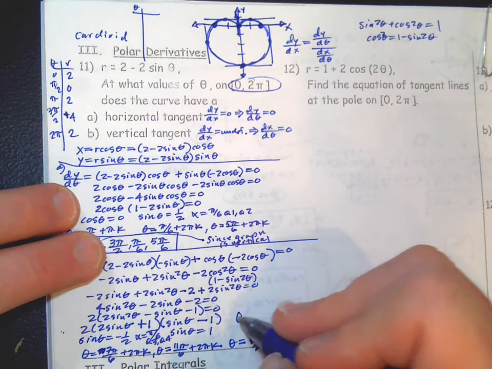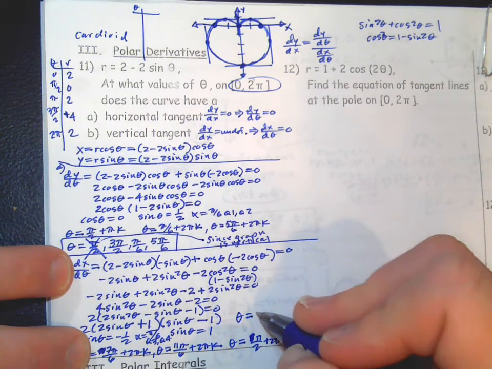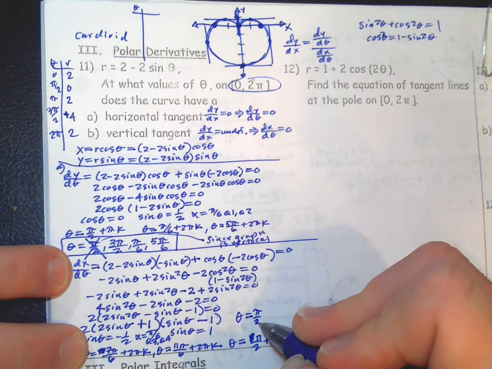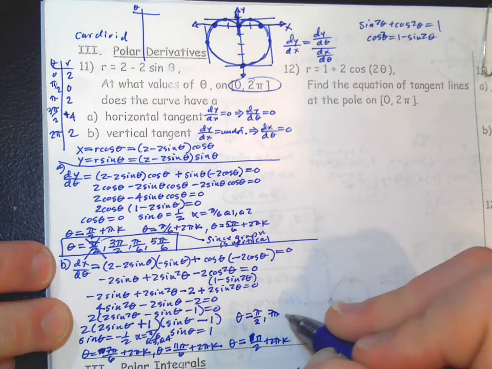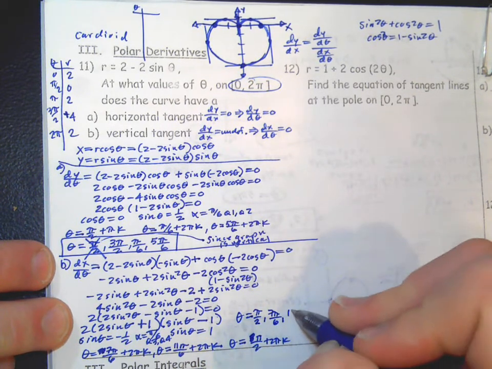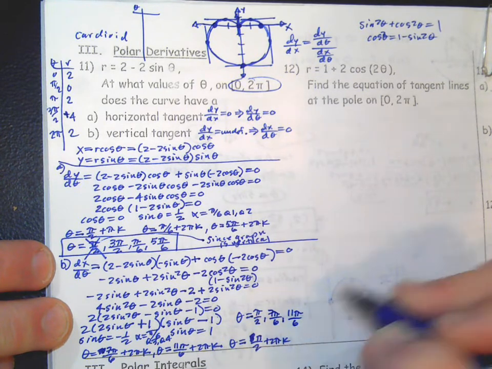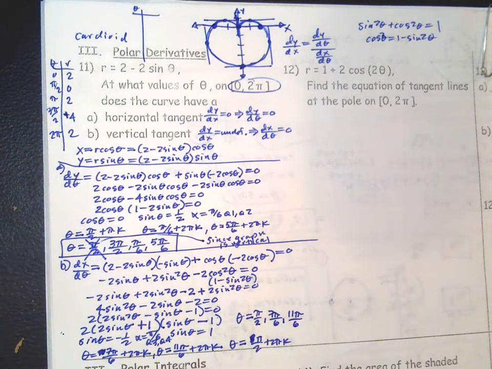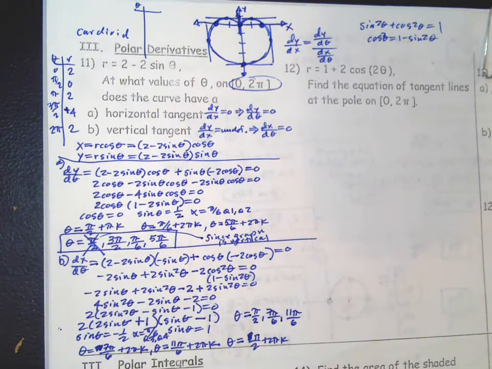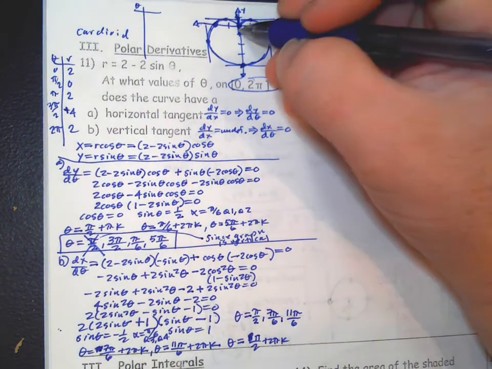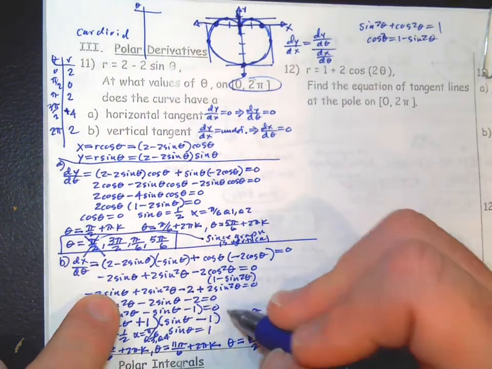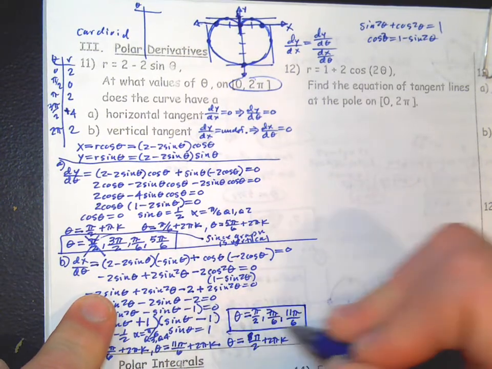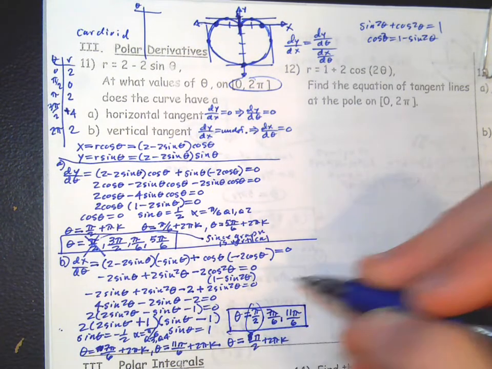So our answers are pi over 2, 7 pi over 6, 11 pi over 6. And our picture tells us that there are 3. 1, 2, 3. This is where we would have an issue that came up in the last one, but this is vertical, okay, because of the graph.